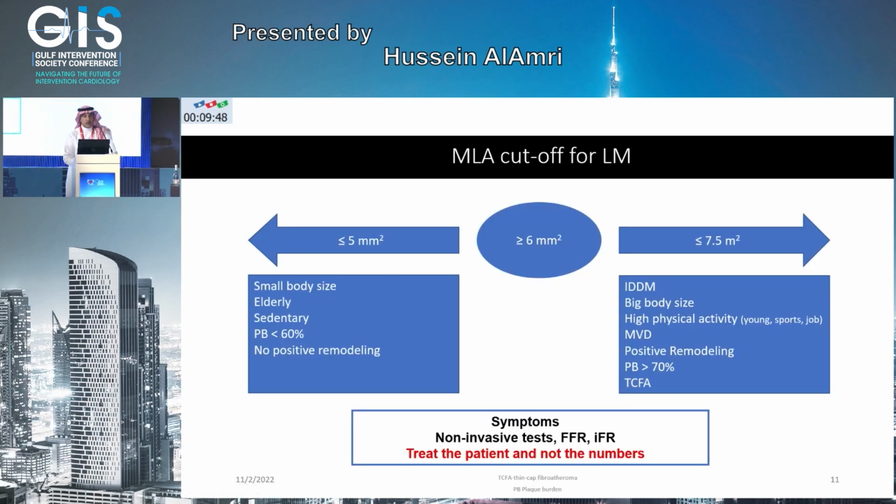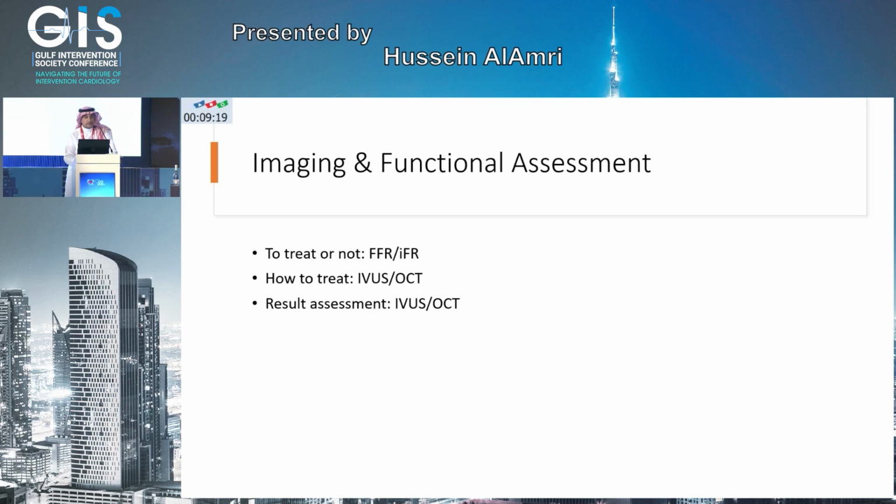So whenever you consider left main intervention and you consider IVUS, you have to assess other factors that could affect your decision. An IVUS area less than 5 can be appropriate for a small body size, somebody who's elderly with a sedentary life, while even 7.5 or less will not be appropriate for somebody else. In these cases, you have to go for other testing like functional testing.